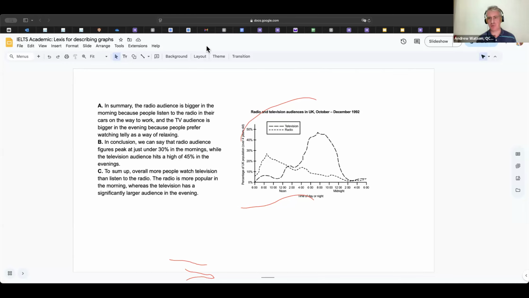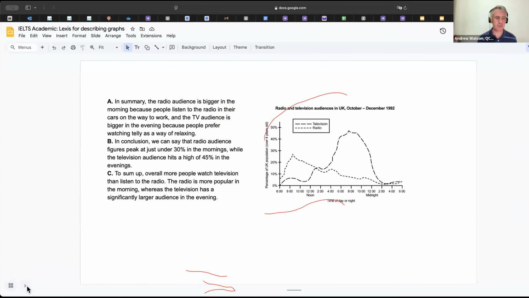We should just have a look at the rubric. I need to give you the sample task. I'm not showing you the rubric yet. All right, let's.